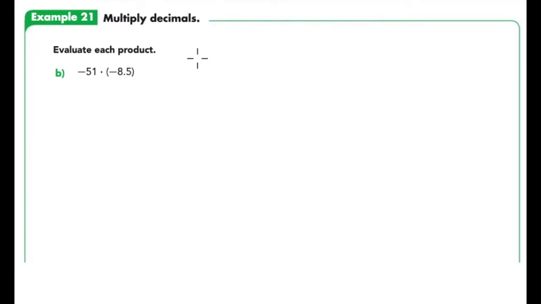Our next example is a negative 51 times a negative 8 and 5 tenths. We are multiplying a negative by a negative. Because we are multiplying a negative by a negative, our result will be a positive.